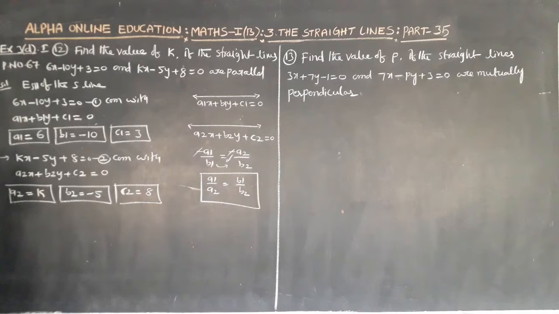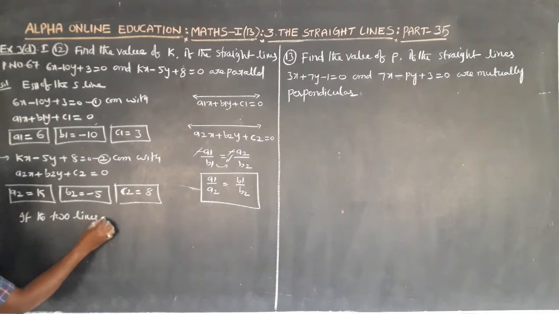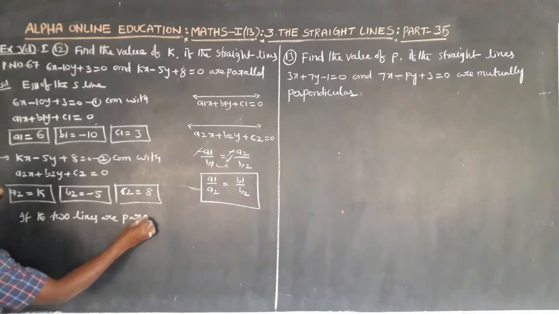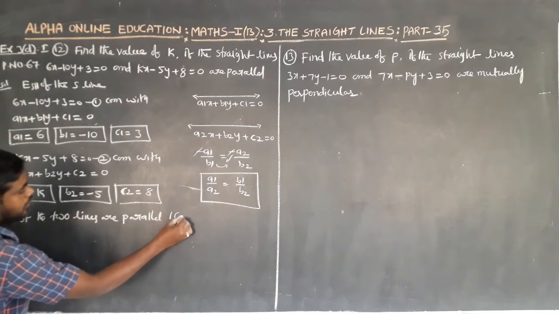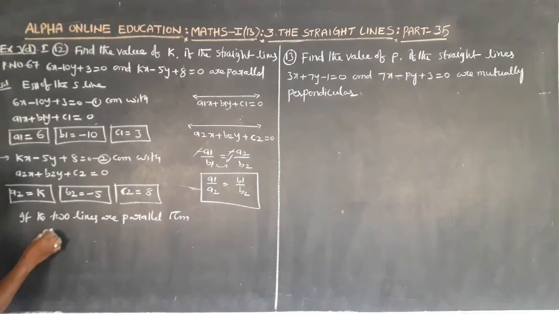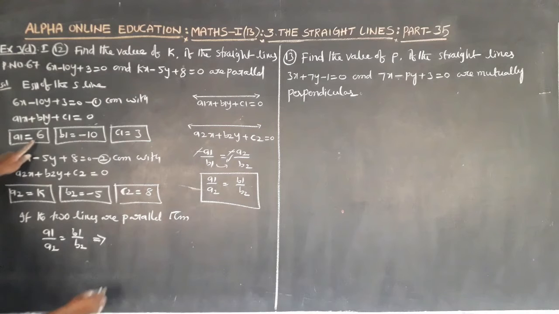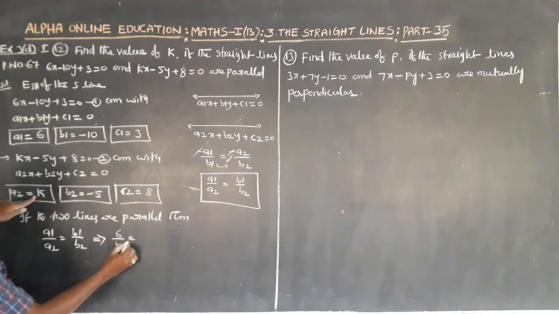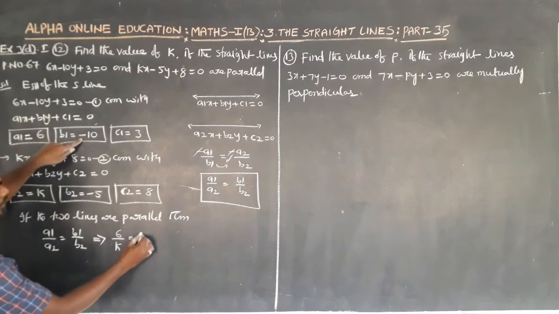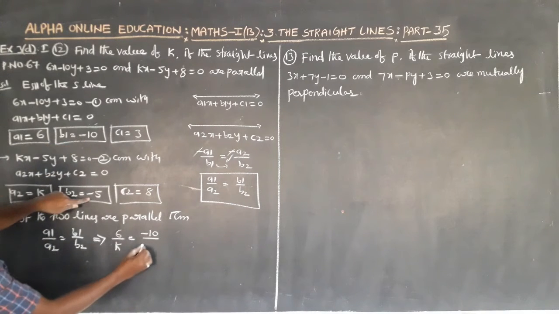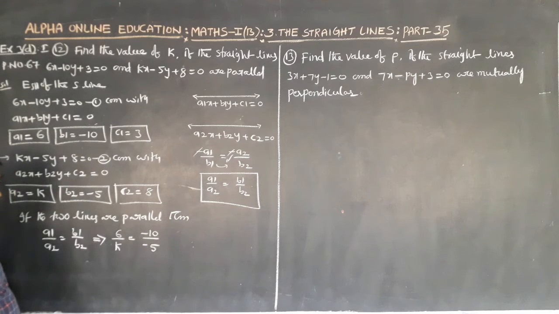Here two lines are parallel. If the two lines are parallel, then a1 by a2 is equal to b1 by b2. a1 is 6 by a2 is k, is equal to b1 is minus 10 by b2 is minus 5.